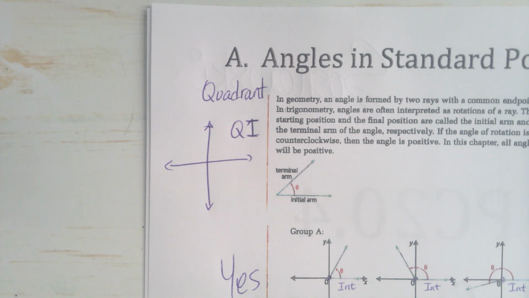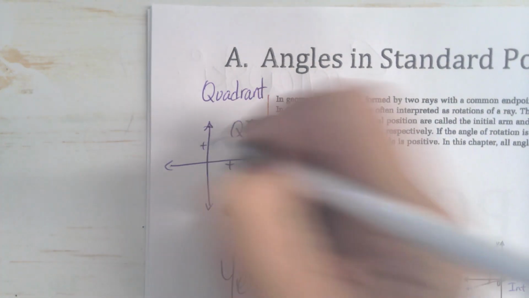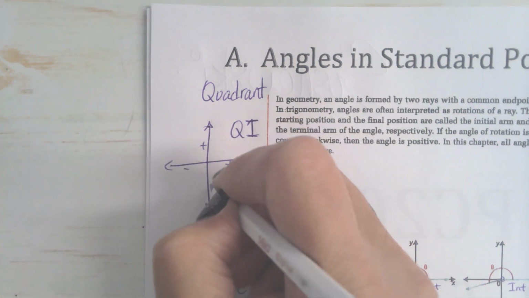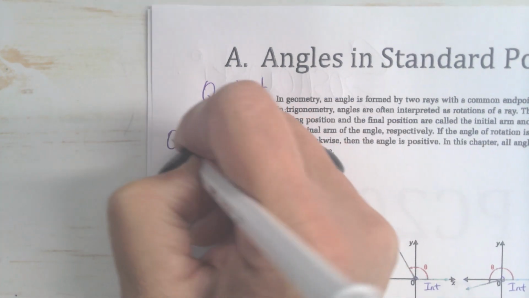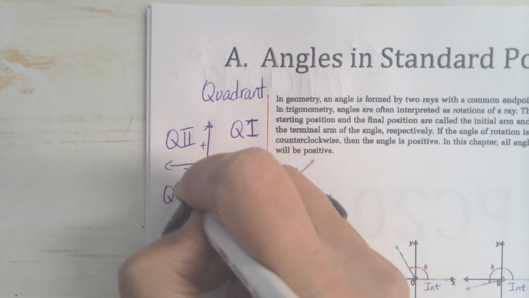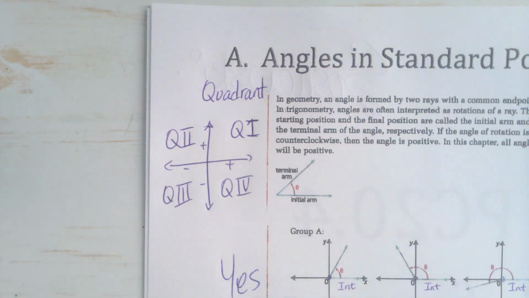If I was to graph anything, my coordinates would be positive, positive, because this is a positive, that's a positive. Anything graphed in there is positive. So when I go this direction, quadrant II goes in that direction, quadrant III is down here, and quadrant IV is right there.